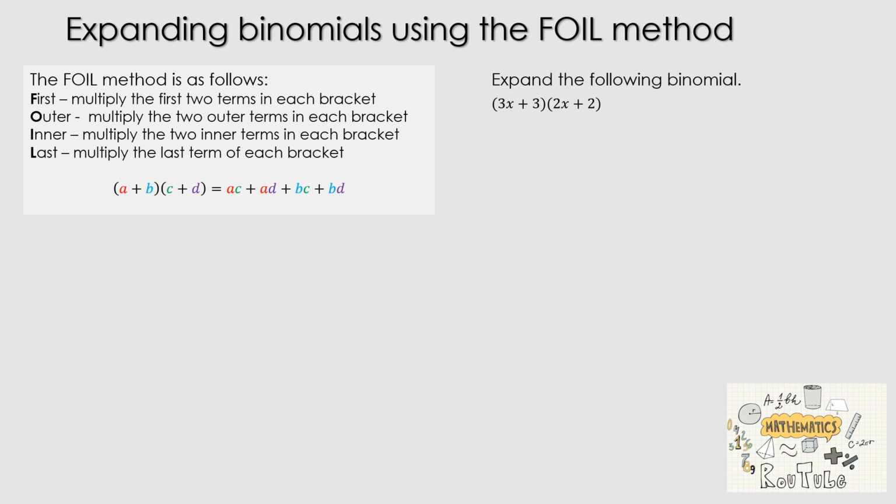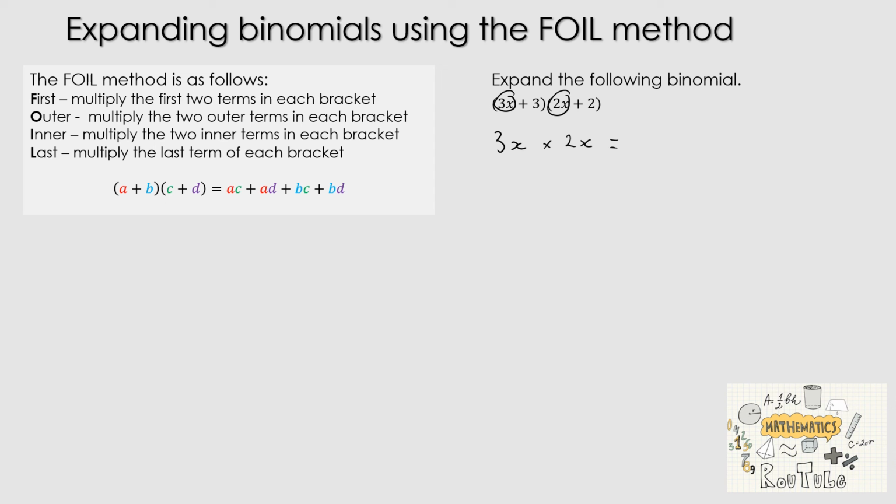Okay, so expand the following binomial. We've got 3x plus 3 and then 2x plus 2 in brackets. Now, let's start with the F in FOIL. So first, multiply the first two terms in each bracket. Okay, so the first term in this bracket is 3x and the first term in that one is 2x. Okay, so we're going to multiply those. So 3x multiplied by 2x.